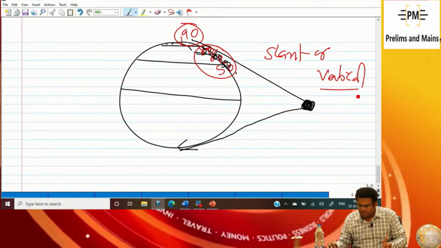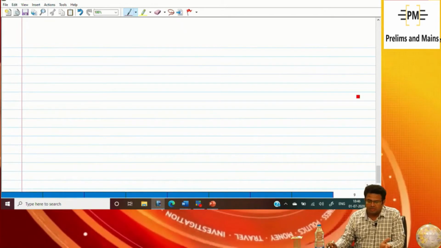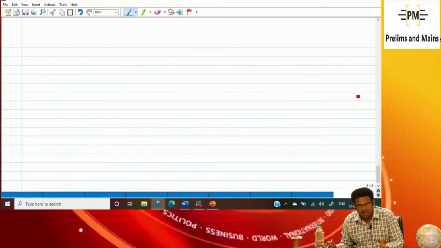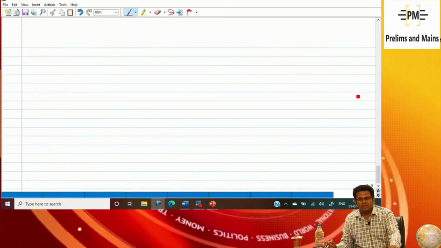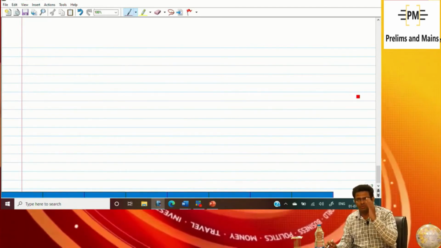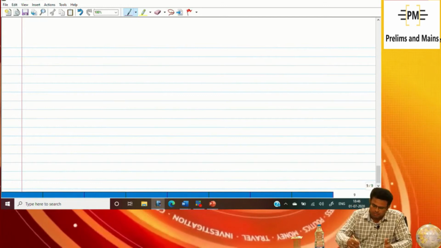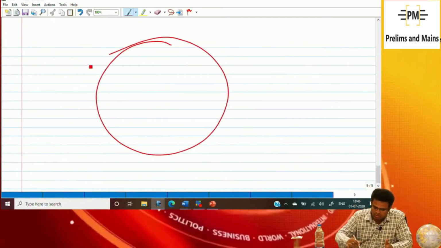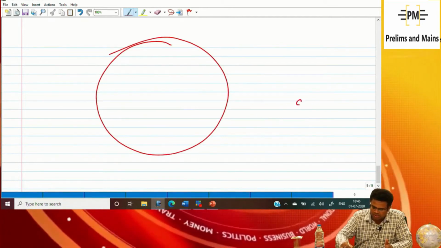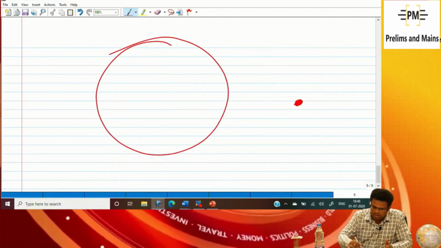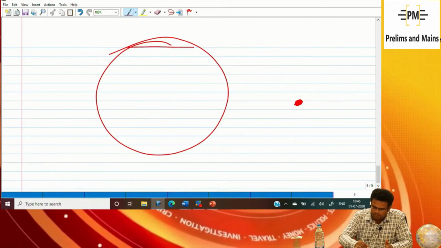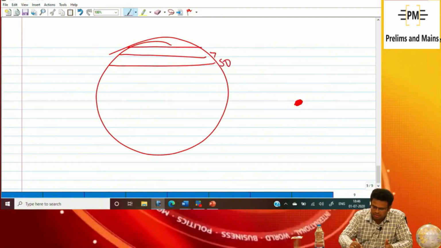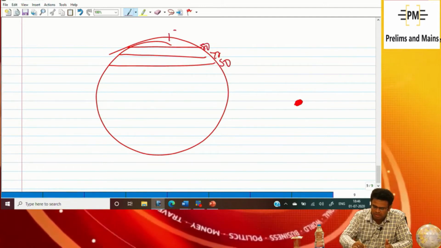These are the satellites for telecommunication and broadcasting, which I have discussed earlier. These are the satellites which are working as geo satellites, you know that. Suppose, again, this is our earth and here the satellite, and this is 50 degree, 70 degree, 80 degree, 90 degree.